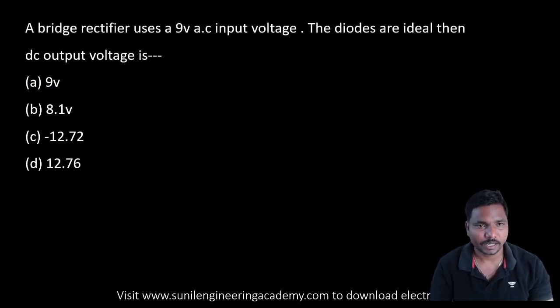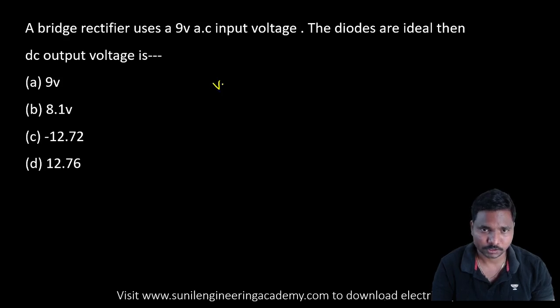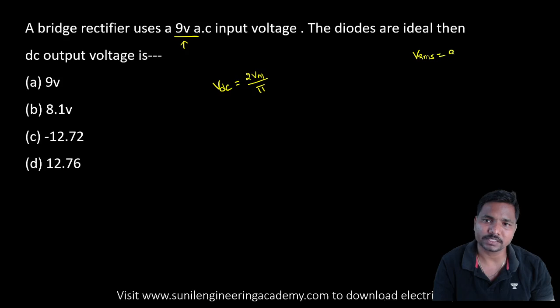Coming to the next one, a bridge rectifier uses 9 volts AC input voltage. The diodes are ideal, then find the DC output voltage. Bridge rectifier DC output VDC is equal to 2 Vm by pi. The input voltage is the RMS value, that is 9 volts. Maximum value is root 2 into RMS.